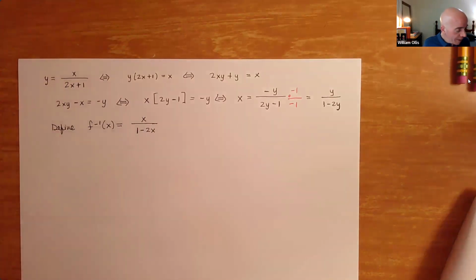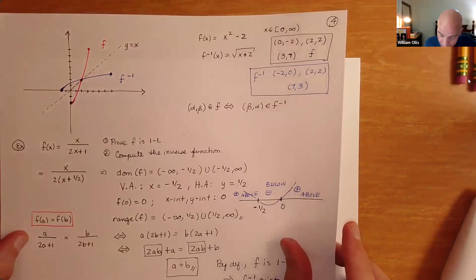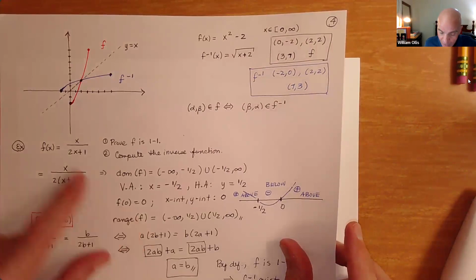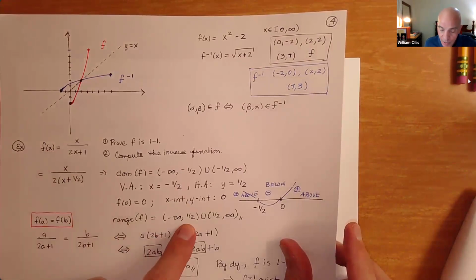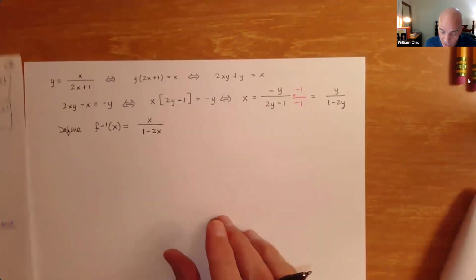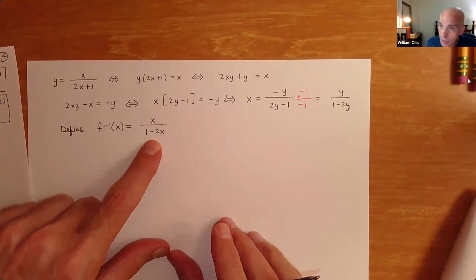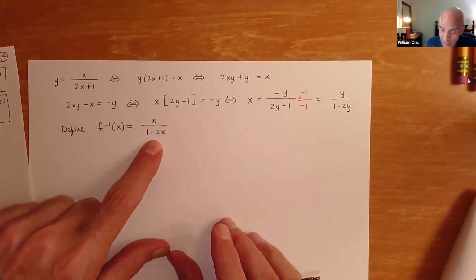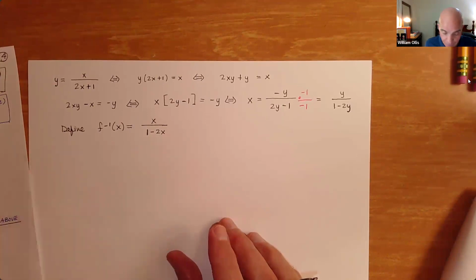And now if we go back over here, you can see that the range of f does not include 1/2, which is the domain of f inverse, which has to be the case. This cannot include 1/2.